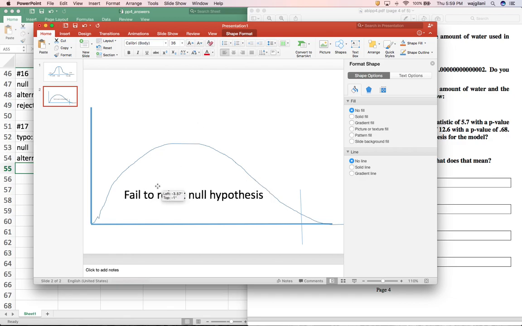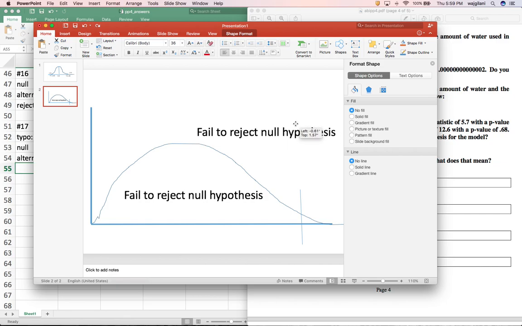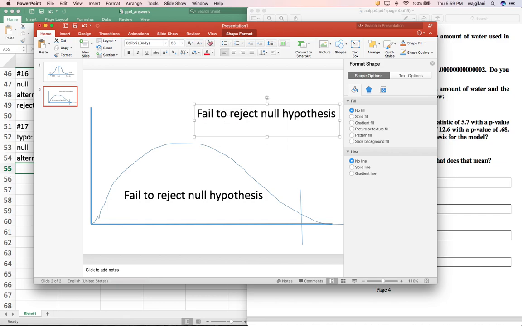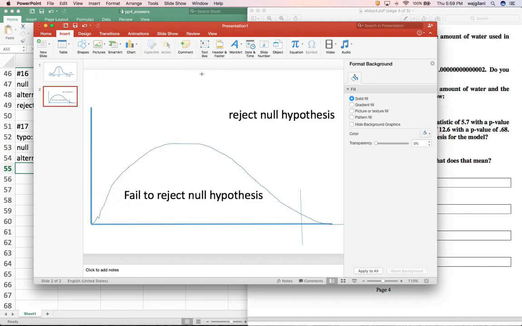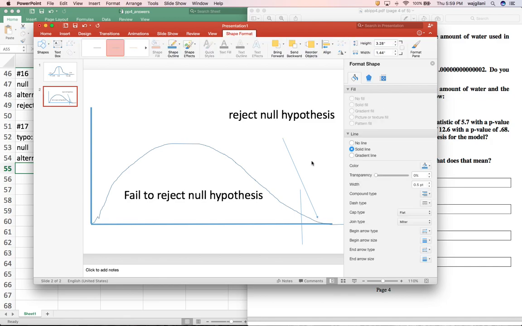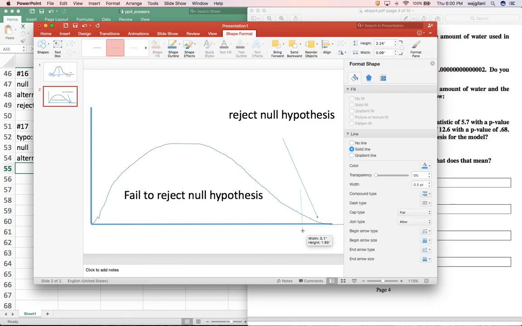And here we simply reject the null hypothesis, and this will be this region right here, this side, where we reject the null hypothesis. So what is the f value that's going to give me this line, where this line exists?